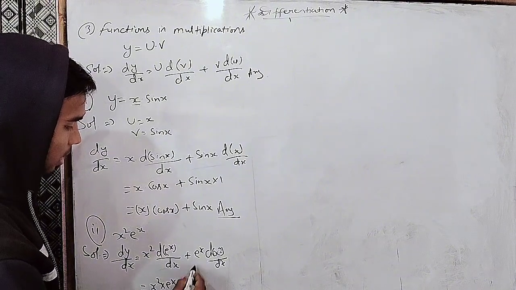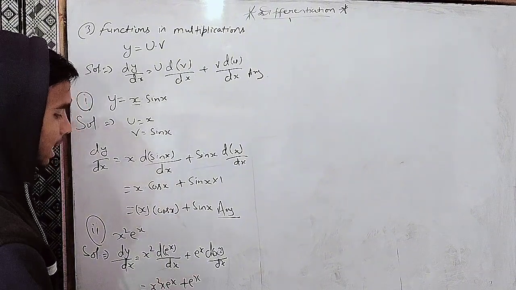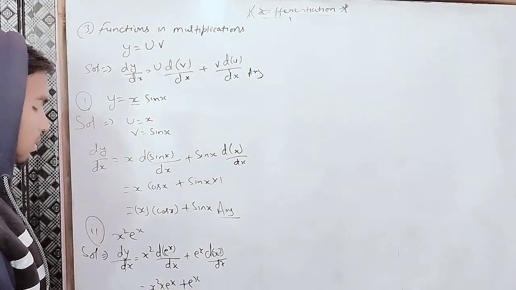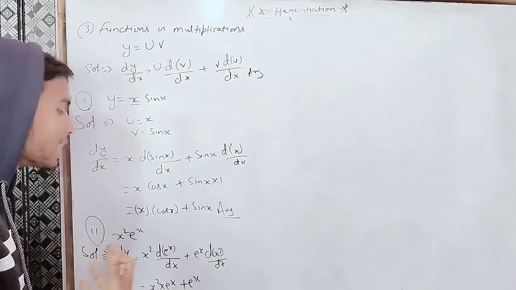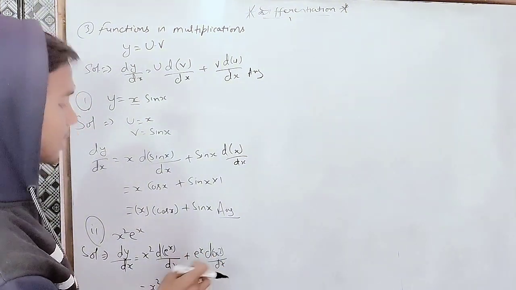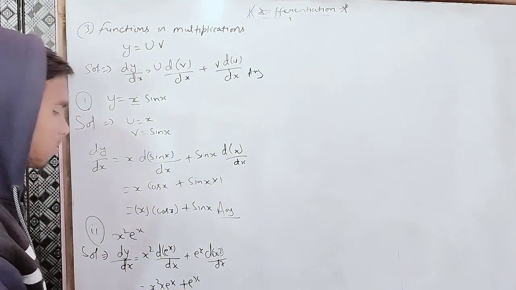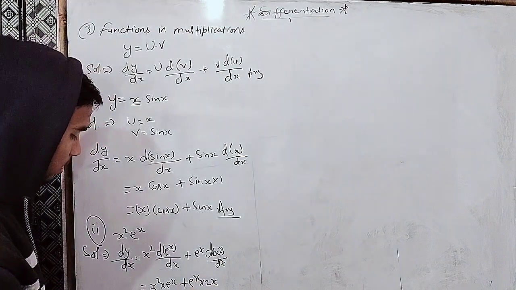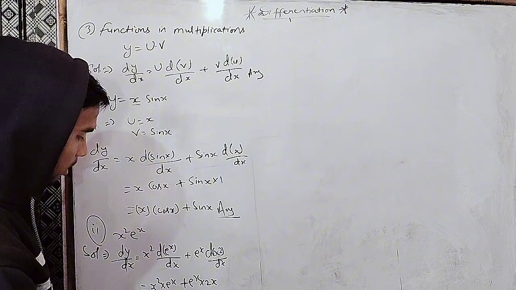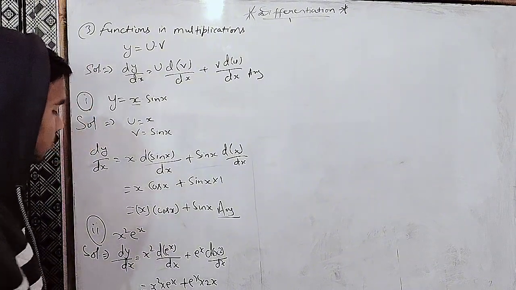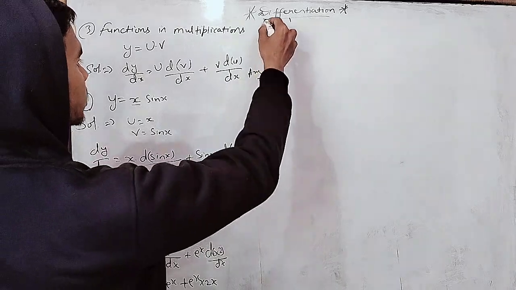Then we have add, then we have e to the power x. This is not in differentiation form, that's why we are not doing differentiation on it. Instead, this is in differentiation form. x square would be written 2x. So x square e to the power x, then e to the power x times 2x.